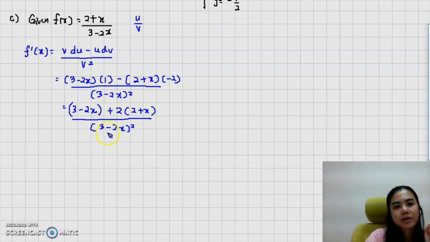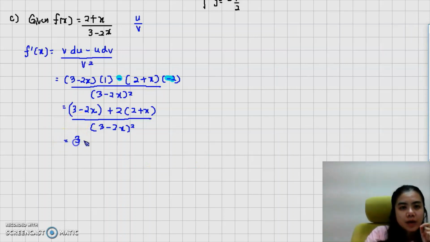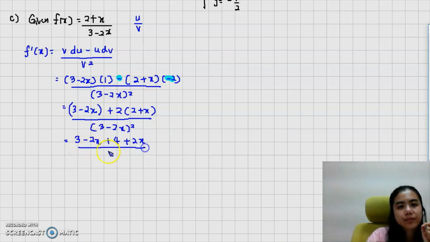Again, you can expand it. I just deal with this 2 only. Let's expand it. If you expand it, what happens? We will have 3 minus 2x, and this one is 4 plus 2x. Minus 2x plus 2x, you can cancel.